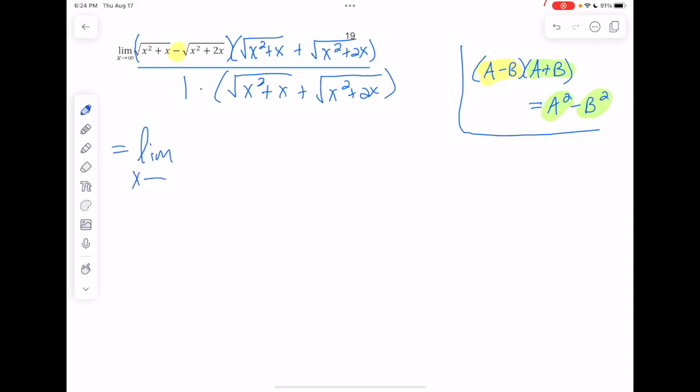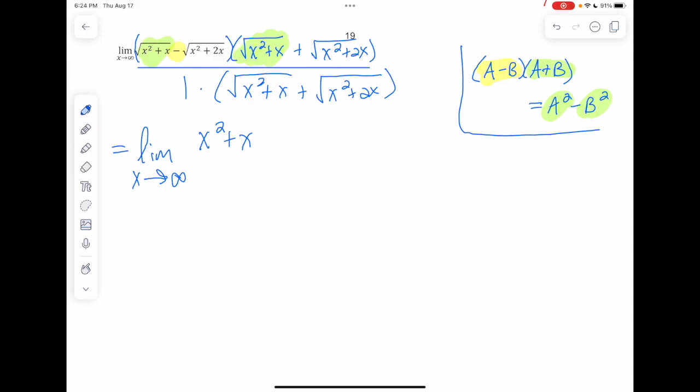So we still have this limit as x goes to infinity, and in the top, again, this is another brace yourself moment, but this is a times a, so we should get a squared. And if you square a square root, you get what's inside. So for the a squared piece, the square root I just highlighted in green squared will be the inside part, x squared plus x. So that's my a squared.